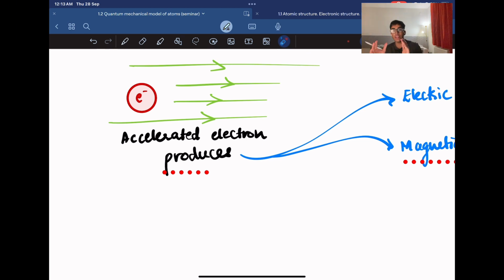I don't know if you have learned this, but if you have learned Fleming's left-hand, right-hand rule, it says that the velocity of the electron goes in one direction, the electric field is in another direction, and the magnetic field is in another direction. All 3 of them are perpendicular to each other, and that's how electromagnetic waves work as well.